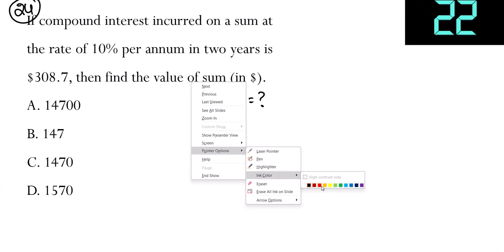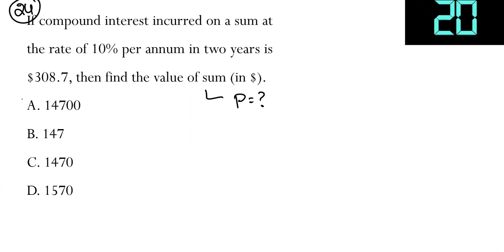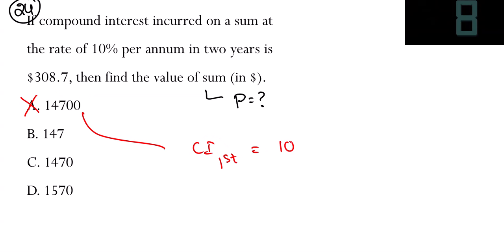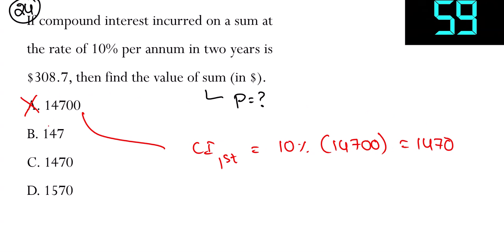Be cool. See, first thing, I can eliminate this one. Why? Because if the principal is 14,700, for 1 year itself the compound interest, 10% of 14,700, will be 1,470. I want 2 years together 308. This is not possible.